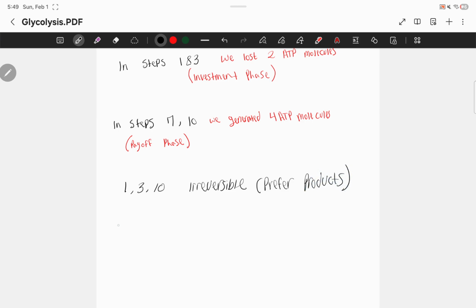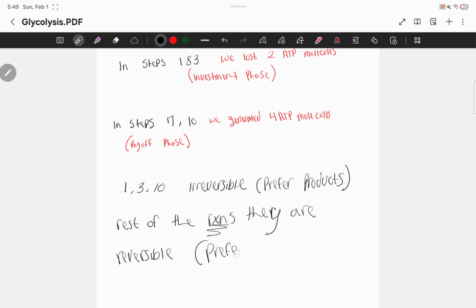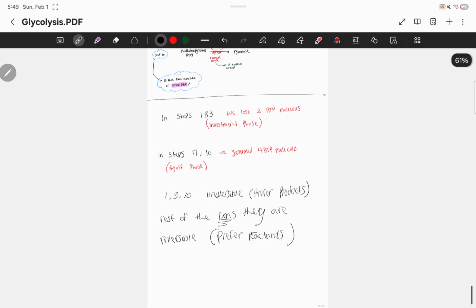But the rest of the reactions are reversible and they prefer reactants. Okay, that's the whole glycolysis process.